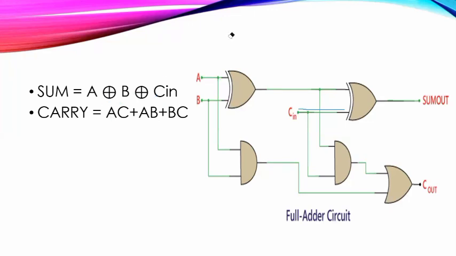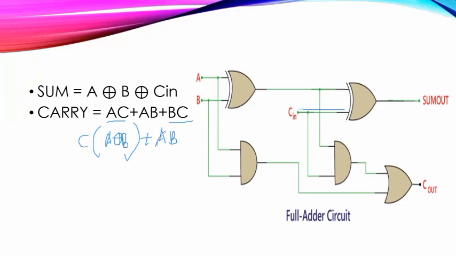We will take AC and BC, and we will find C as common, which is C into A plus B, which is A XOR B, and plus AB remains as it is. This is the final equation of carry.